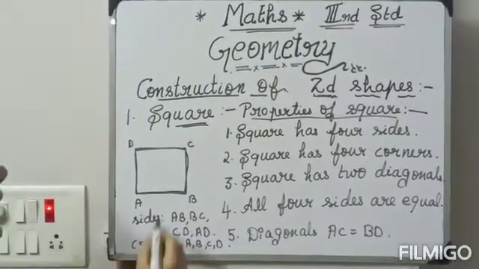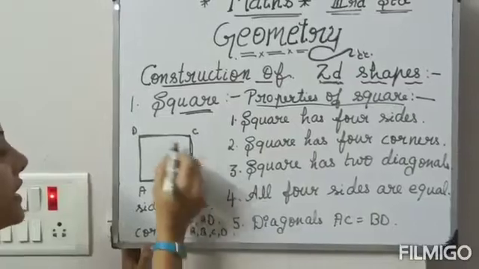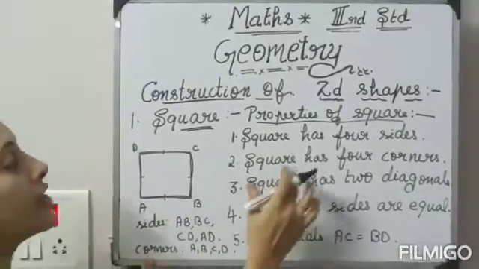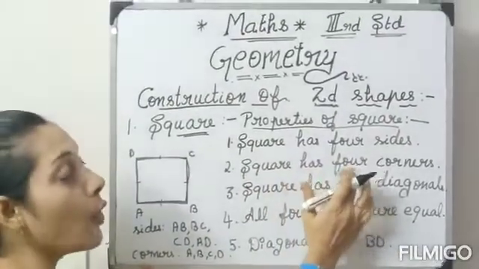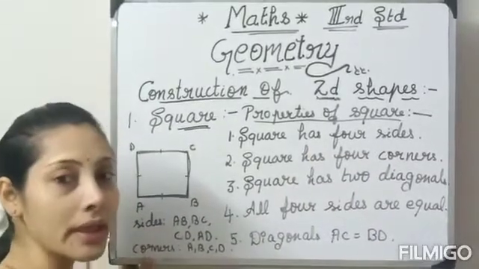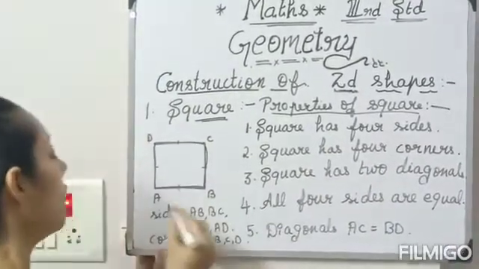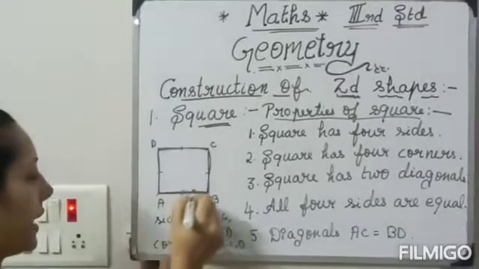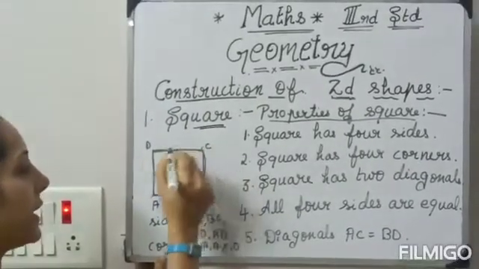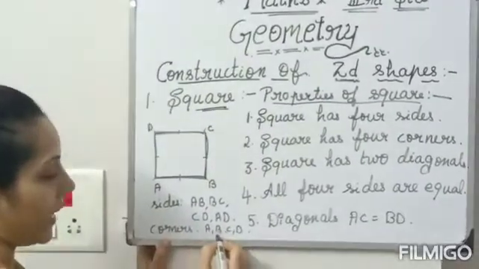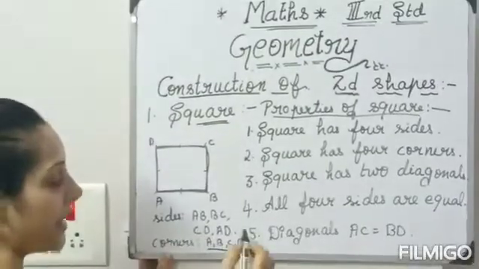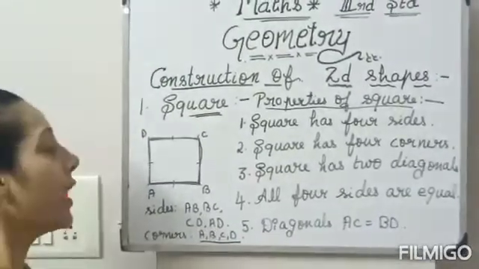A square has 4 corners. How many corners? 4 corners. What are the corners? A, B, C, D. These are our corners.